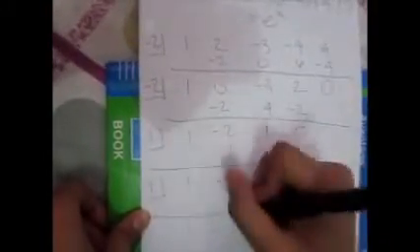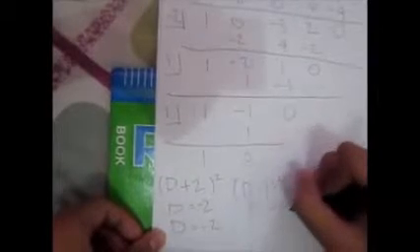And let's try 1. So 1, 1, negative 1, negative 1, 0, and then try 1 again. So 1, 1, 0. So this is it.